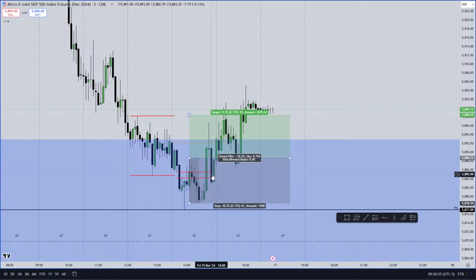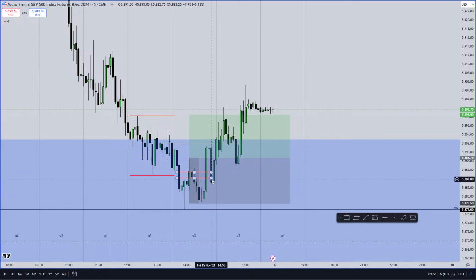It did come down, but it respected this down mitigation block, the last up close candle before this down move, and it also respected this FVG. Price didn't close below that. We also had these consecutive down close candles and this IFVG.